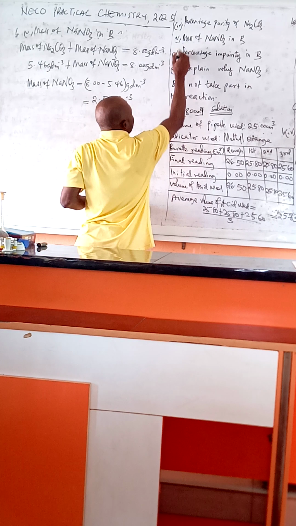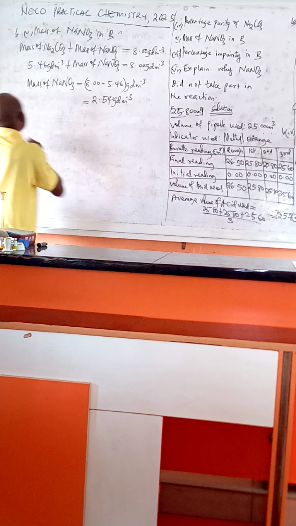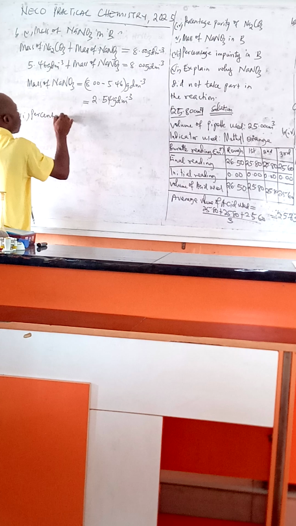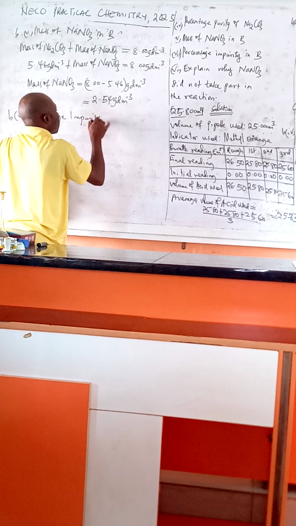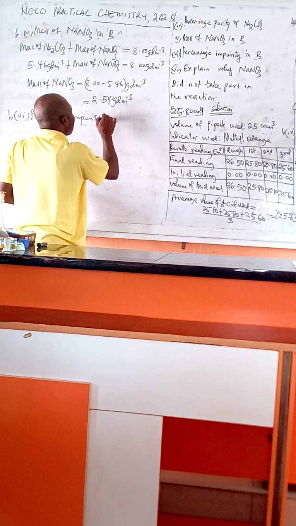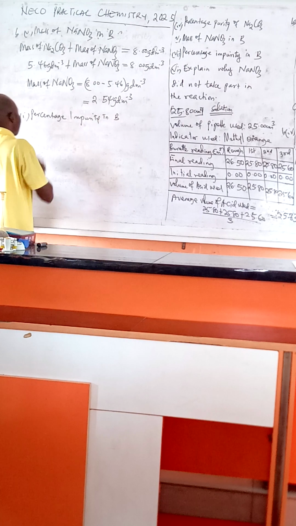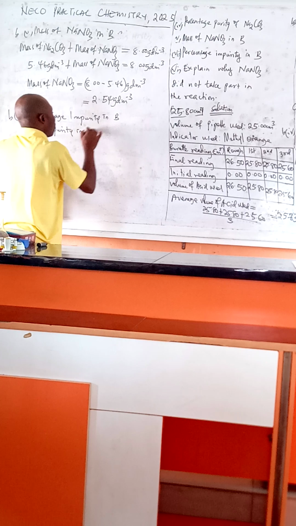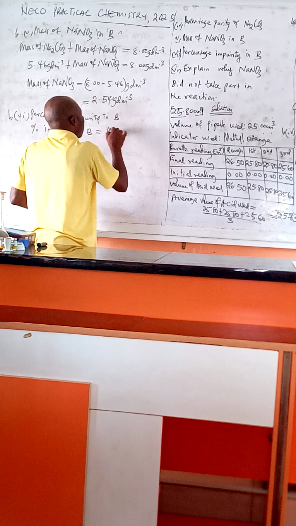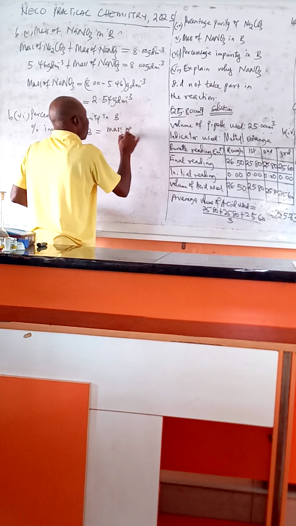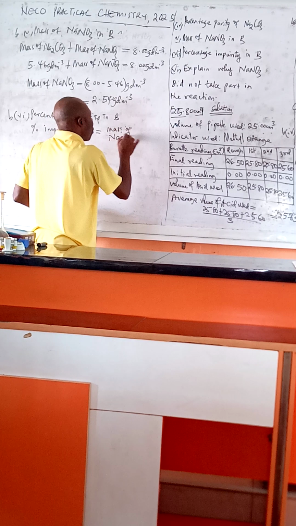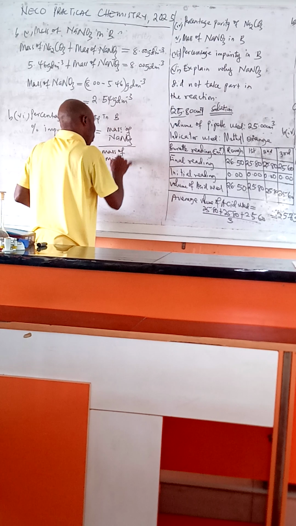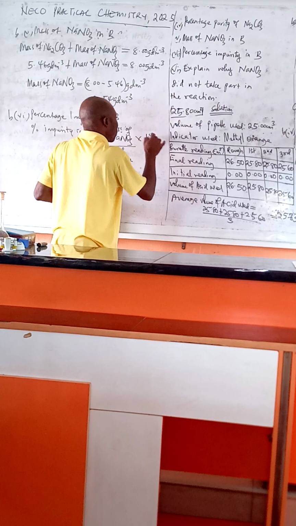This is question VI, that is, percentage impurity in B. The percentage impurity in B will now be equal to the mass of the impurity, and the impurity is NaNO3, all over the mass of the mixture, multiplied by 100 over 1.